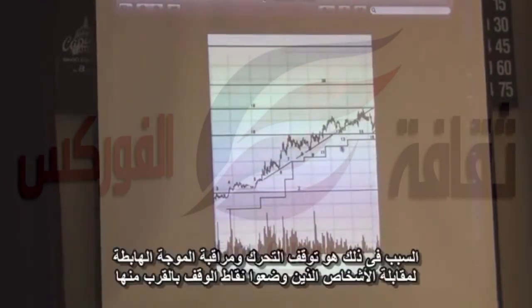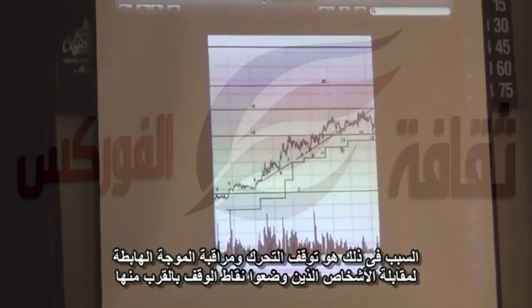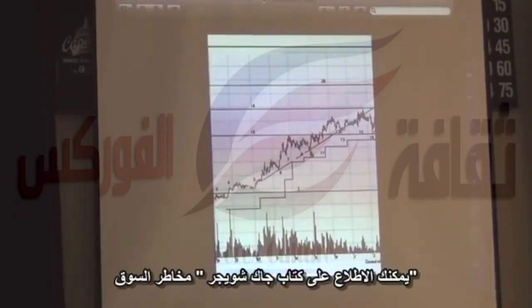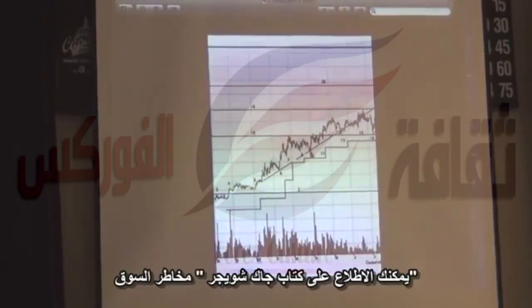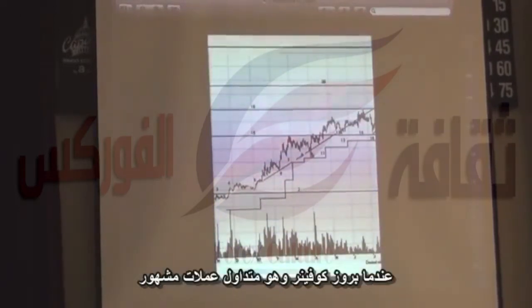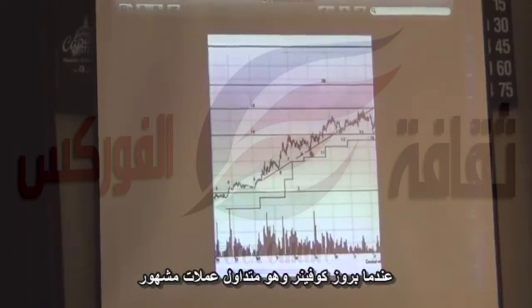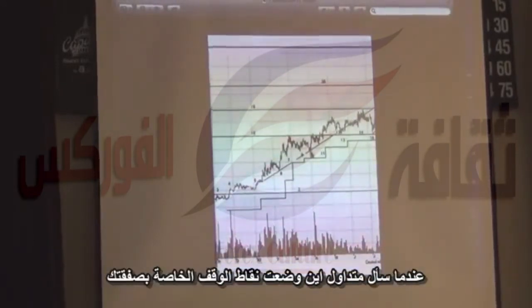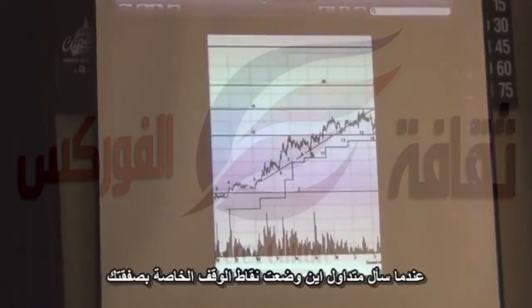The reason for this is because stop hunters watch down waves like this to catch people who've set their stops too close here. Jack Schwager in Market Wizards interviewed Bruce Kovner, who is a famous and very large currency trader. And he asked Kovner, where do you set your stops?